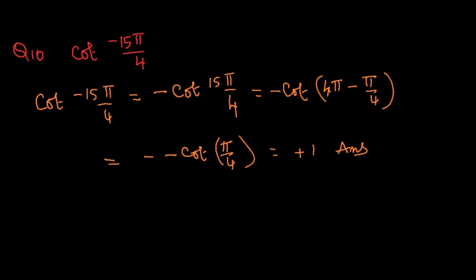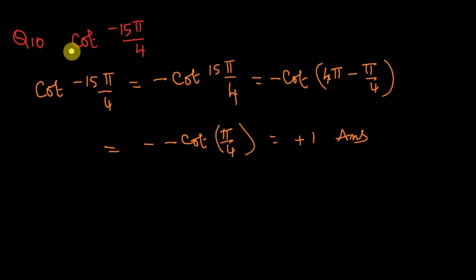Question number 10, finally. We are given cot of minus 15 pi by 4. How much is cot 15 pi by 4? This 15 pi by 4 can be written as 4 pi minus pi by 4.